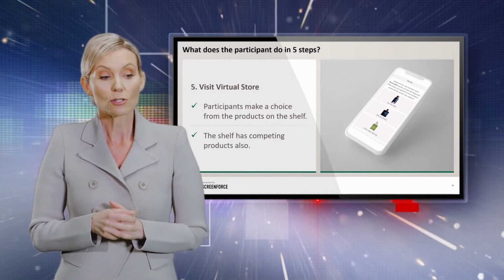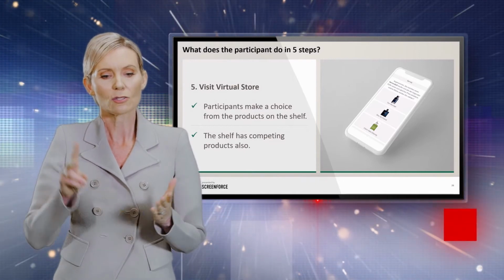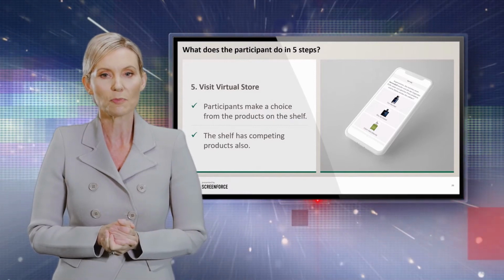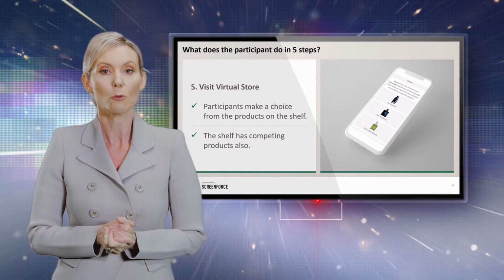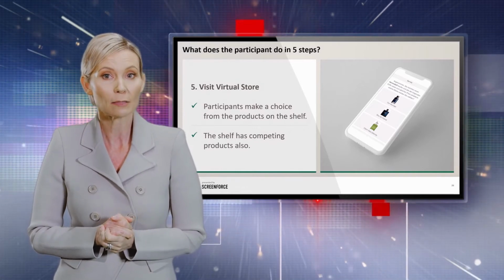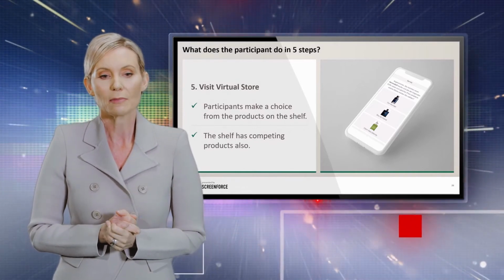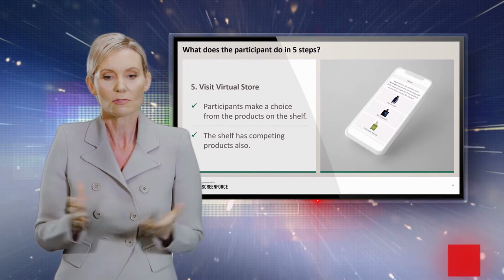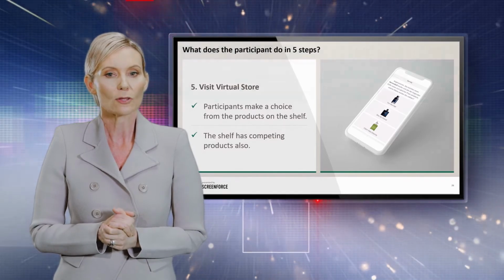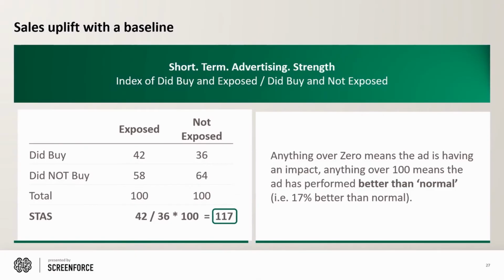But what we actually do, and I need to explain it here, is it's not just about brand choice, because what you'll know is that big brands get more people who buy them more often, right? So if we didn't add a baseline, what it basically means is we're reporting just average market share. So it's really important to explain that when we talk about STAS, short-term advertising strength, we add a baseline into our results.